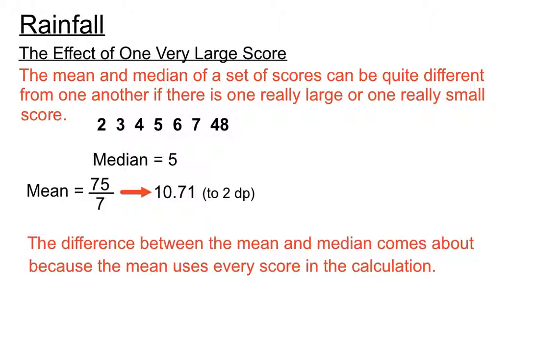The difference comes about because when we calculate the mean, we add up every score and then divide by how many there are. With the median, we don't really get affected by that really large score at all. We can still decide what the middle score is pretty easily. So the mean gets affected and the median doesn't by one really large or one really small score.